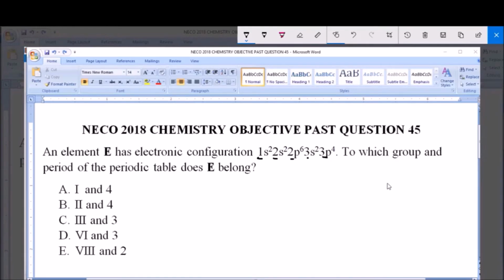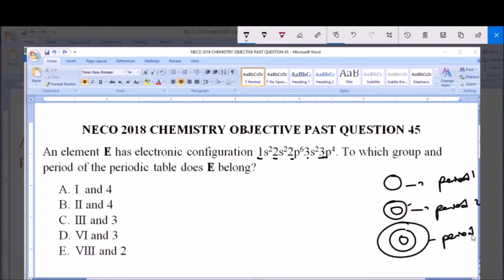What I mean is that if the first shell is the outermost shell, this element belongs to period 1. If the second shell is the outermost shell, it belongs to period 2. But from this electronic configuration, we have 3 here, meaning that the outermost shell is 3. And so this element belongs to period 3. That is that for the period.